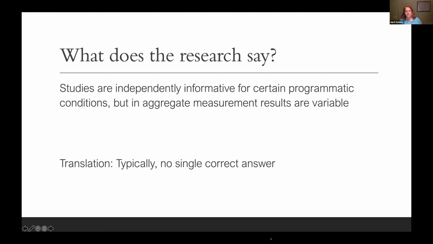So what does the research say when we start thinking about advising people or helping people to work through the research? The fancy way to say it is studies are independently informative for certain programmatic conditions, but in aggregate, the measurement results are variable. Typically, there's not really a single correct answer. And in psychometrics, I'd like to be able to give a single correct answer.